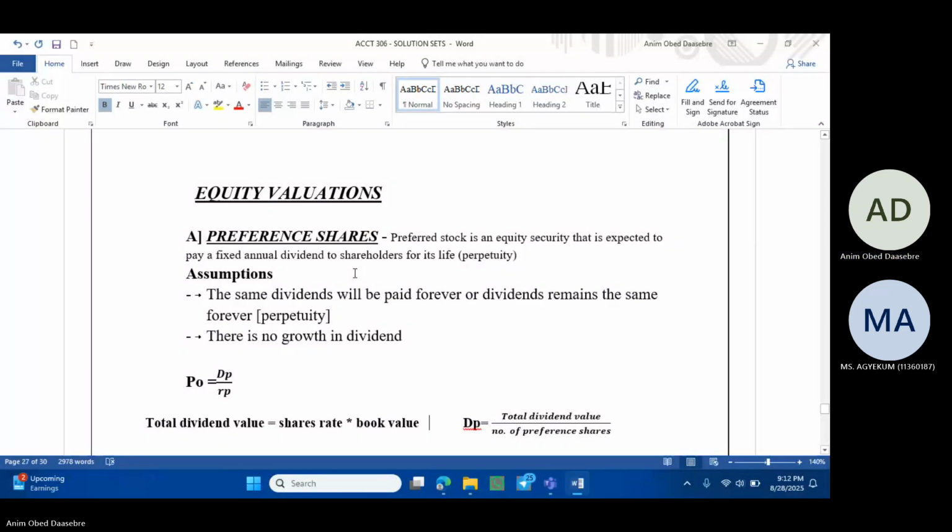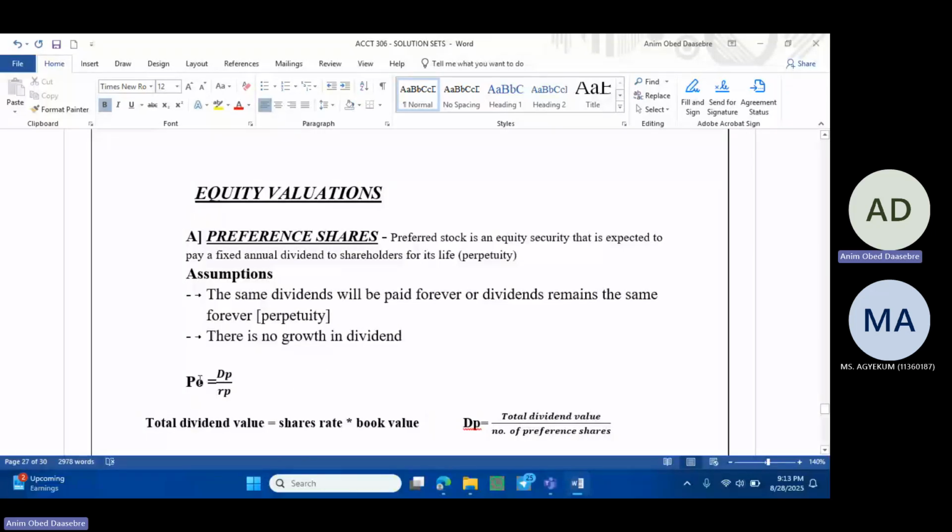And here too, there is no growth in dividends because the same dividend is paid every year. So we are going to use the perpetuity formula where we assume that the same dividend will be paid forever, every year.